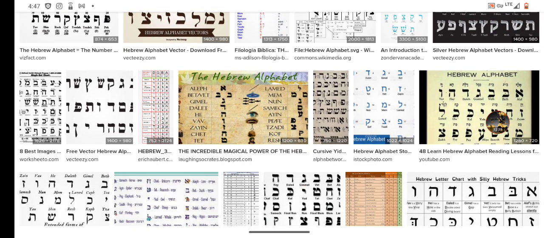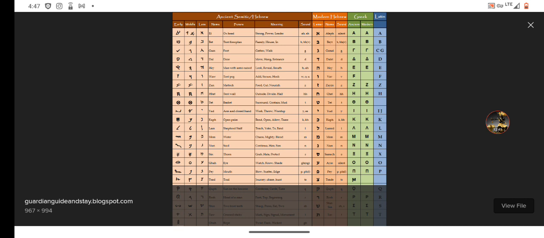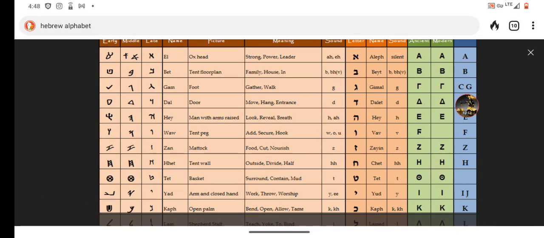All I'm saying, alphabet. But the correct terminology is Aleph Bet. Aleph Bet. El. Aleph.